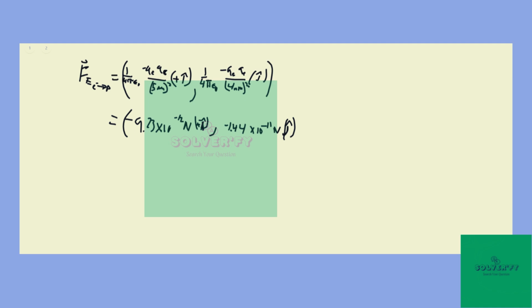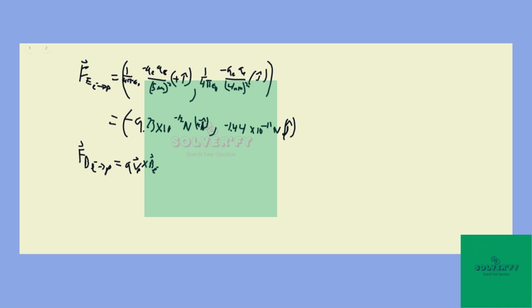Okay, then the electric force, then the force due to the B field. So this is the second part of that problem, finding the force due to the B field of the electron acting on the proton. That's going to be Q V cross B. So that's going to be the velocity of the proton crossed with the B field of the electron.